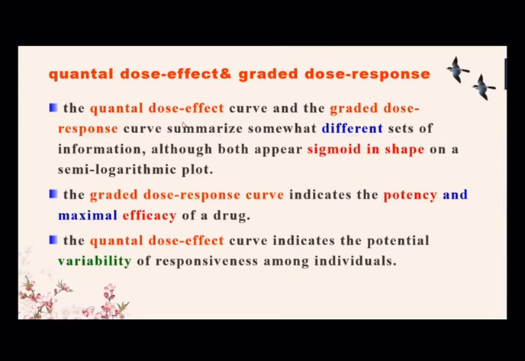The quantal dose effect curve and the graded dose response curve summarize somewhat different sets of information, although both appear similar in shape on the same logarithmic plot. The graded dose response curve indicates the potency and maximal efficacy of a drug. The quantal dose effect curve indicates the potential variability of responsiveness among individuals.